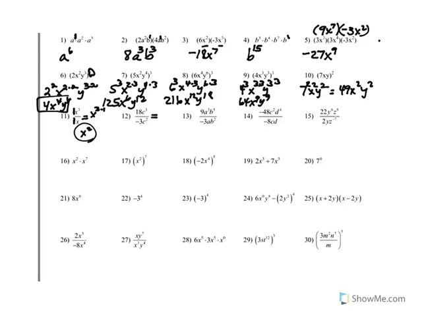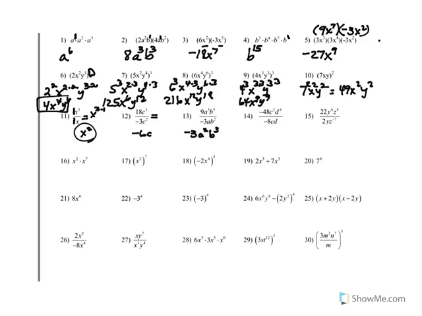So we account for that. It's going to give us negative 6. And then c cubed over c squared gives us c to the 1, which is just c. 13, 9 over negative 3 is negative 3. a cubed over a is 3 minus 1, so a squared. b to the 5 over b squared is b cubed.